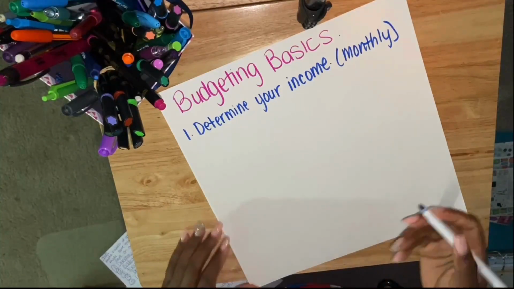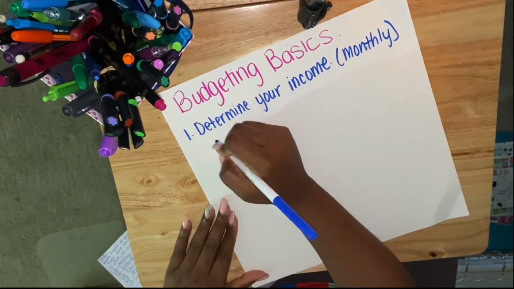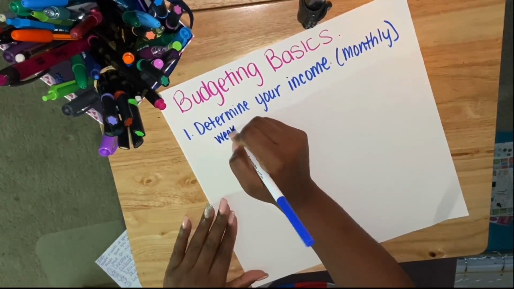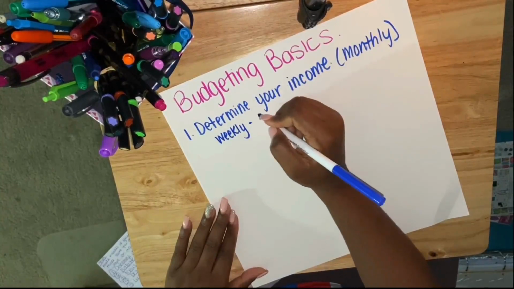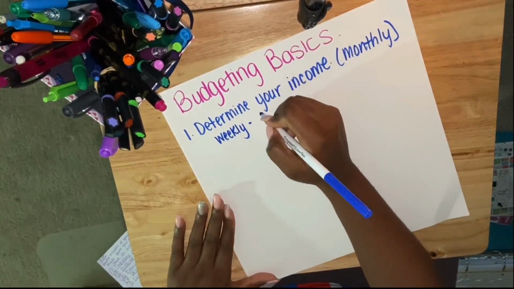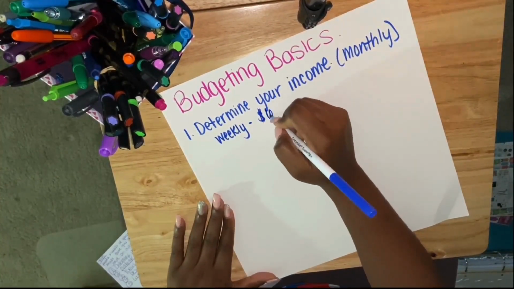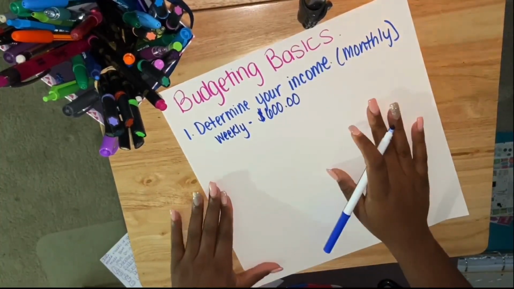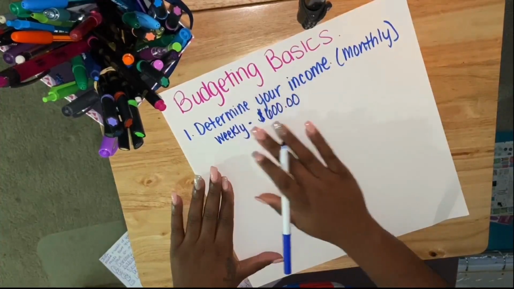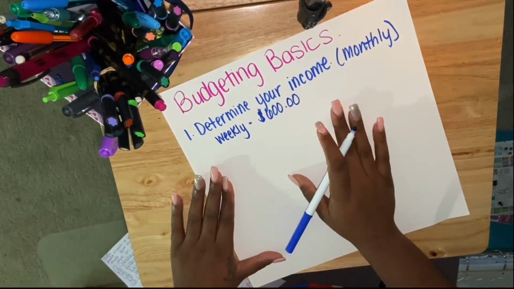So I get paid weekly. And every week, I budget that I would get paid around $600 at the least. So when I do my budget, I budget as if $600 a week is all I'm taking home.